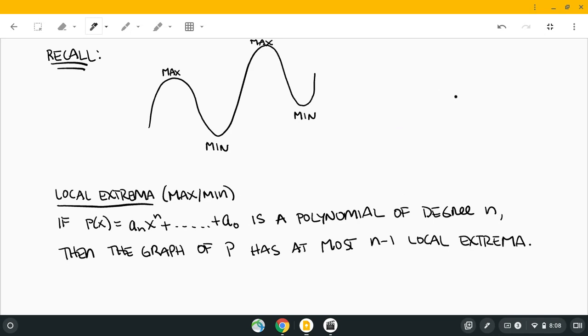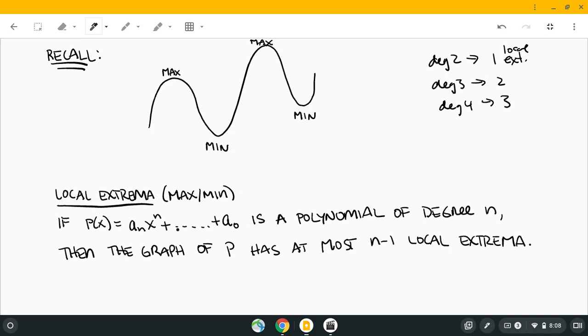So if it's degree 2, then it'll have 1 local extrema. If it's degree 3, then it will have at most 2. If it's degree 4, then it will have at most 3. This one has 4.